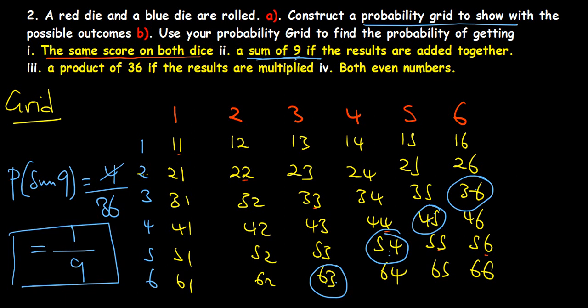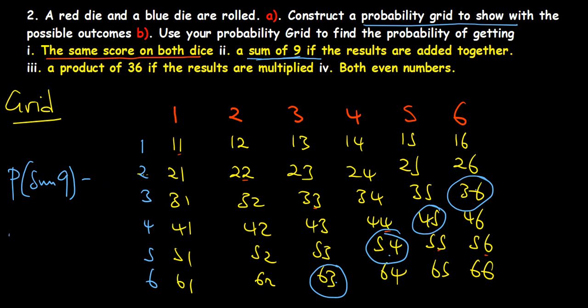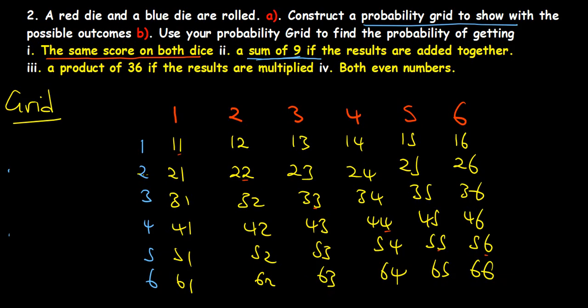And then let's look at the third part. Okay, so the third part now, we have another condition. So on the third part, they're saying those two dice, when you get those numbers on those two dice, you should have a product of 36. Okay, product of 36.